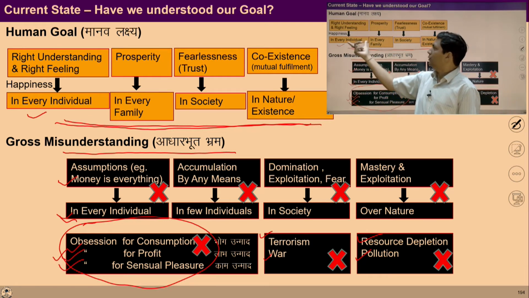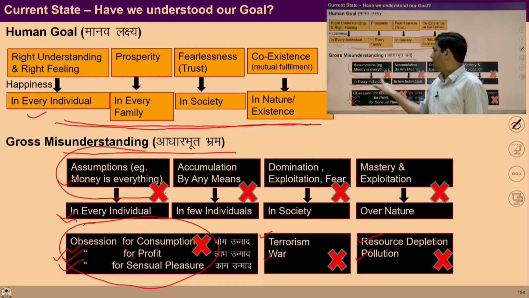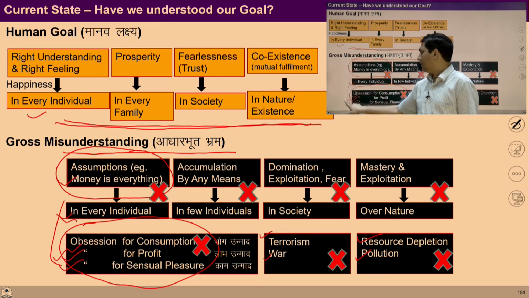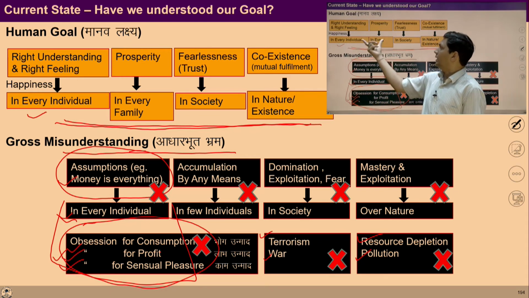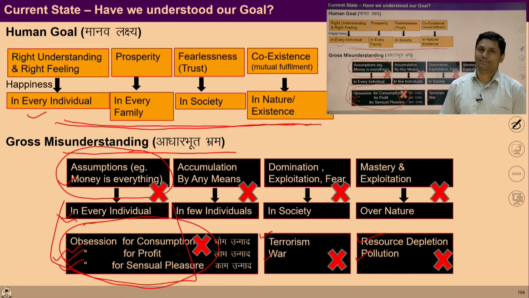If we ensure right understanding, right feeling at the level of individual, then these assumptions will be evaluated gradually and we can get rid of these problems. These problems exist because of the ignorance of this goal. If we ensure this goal, we can get rid of these problems gradually.